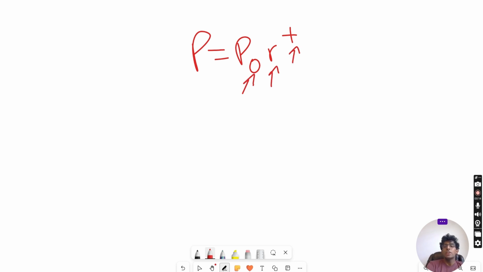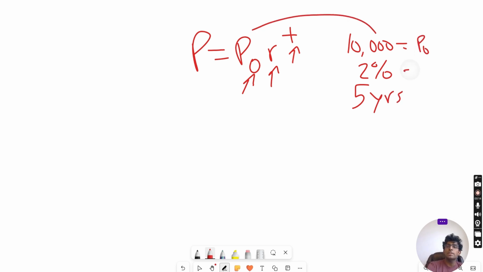So for example, if we live in a town that has 10,000 people originally, and it increases by a rate of 2% every year, what is going to be the town's population in 5 years? So this is our original value that's going to go in here. This is our rate, which we're going to convert to a decimal and put into here. And this is our time, which is going to go here.